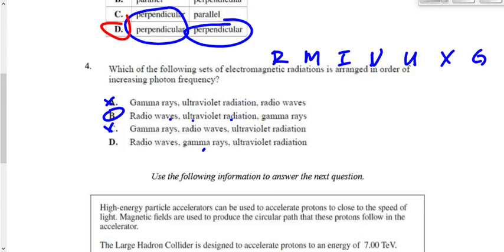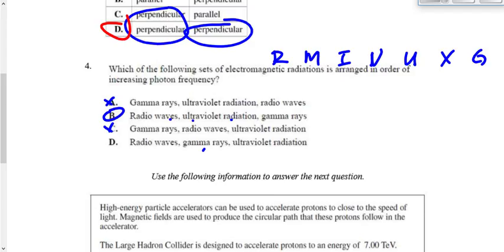Hey, how could we change this question in order to make A the correct answer? In order of decreasing photon frequency. Good. There's a couple ways we could do that. One is in order of decreasing photon frequency. Now, if we get a question that says in order of decreasing photon frequency, I wrote down the 7 types of EMR there.